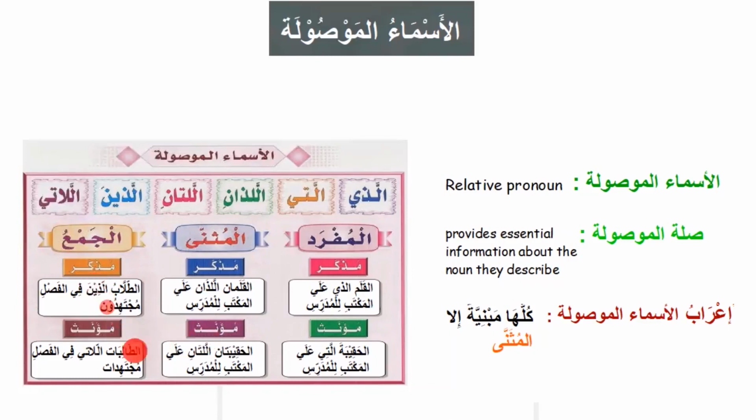Yes. So we have the last one, allati. It is just the opposite of allazina in terms of gender. So in a similar way, if you have several girls, I'm just giving an example, several girls standing, there are 3 or more, meaning they are jam'u, they are plural, but they are mu'annath, they are feminine, they are all females.